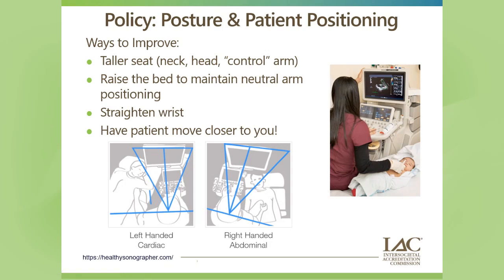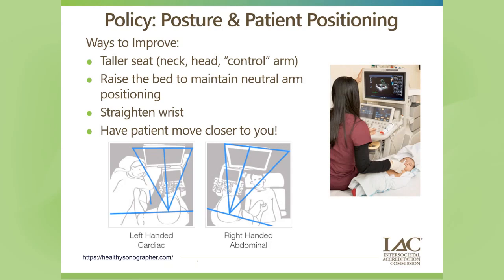But ensuring that we're getting everything to the right height. Maybe we need to bring the bed up higher, right? So that if you're not necessarily sitting on the bed, in this example, you can bring your chair closer to it and the patient closer to you, so that you're at an appropriate height, so you can maintain that neutral position of both your neck and your arm, and keeping everything aligned would be best.